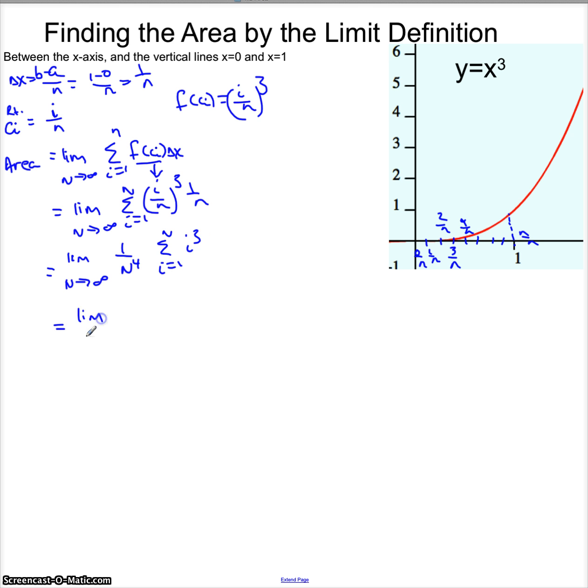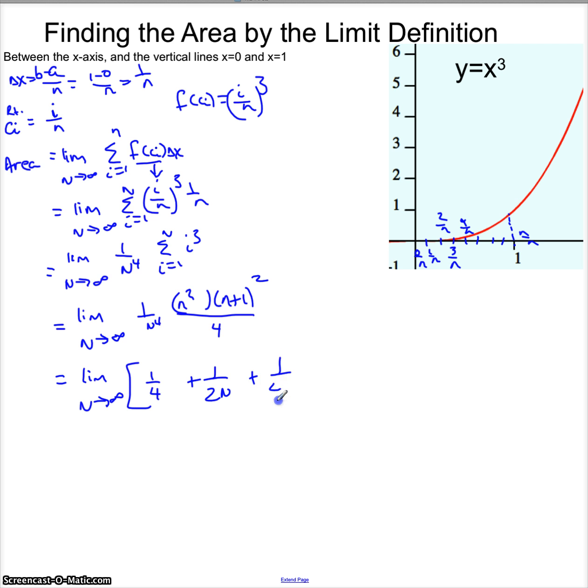So this is the limit as n approaches infinity of 1 over n to the 4th. Now, remember I told you you were going to have all these memorized. The sum is n squared times n plus 1 squared divided by 4. So when you multiply all this mess out, you get 1 over 4 plus 1 over 2n plus 1 over 4n squared.